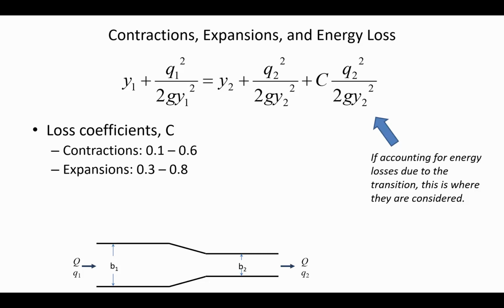So this is really similar to what we've seen in the past with the energy equation when we were applying it to pipes. Remember where the h sub f term would be on the right side of the equation, where location 1 is upstream, location 2 is downstream, so that means the water is always flowing from 1 towards 2.